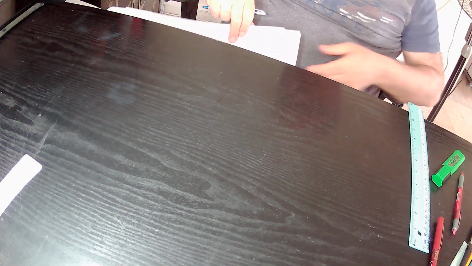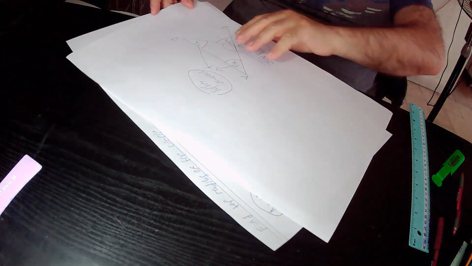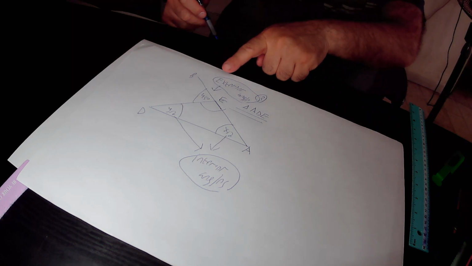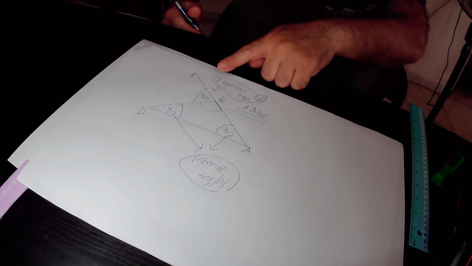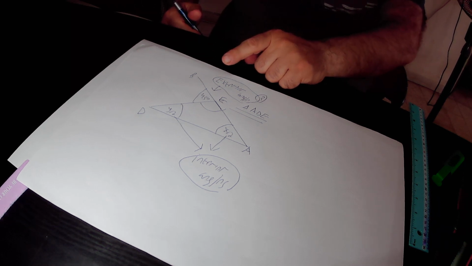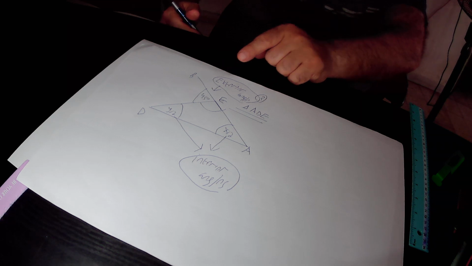In our drawing, this is the exterior angle BED, whose size is 45 degrees. According to rule 4, its size is equal to the sum of the two interior angles that are not adjacent to it.